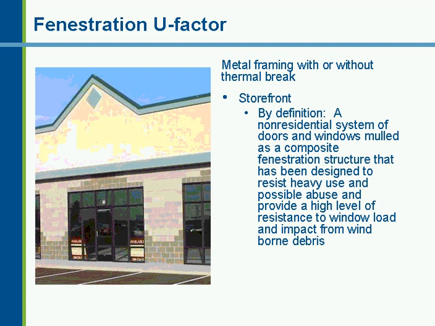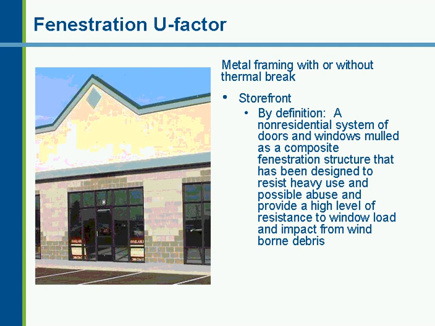Storefront is another very common type of glazing, a very common type of site-built product. And again, this is, by definition, a non-residential system of windows and doors mulled as a composite fenestration structure that has been designed to resist heavy use and possible abuse and provide a high level of resistance to wind load and impact from wind-borne debris. So storefront glazing has to comply with the IECC.